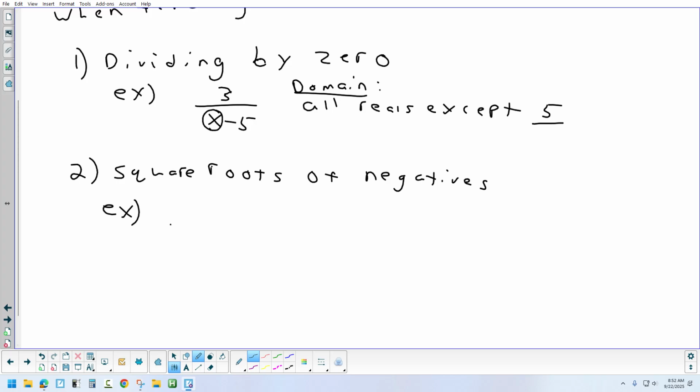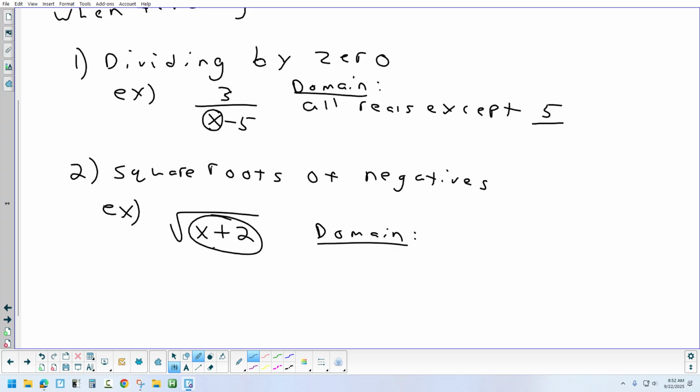Here's an example. Square root of x plus 2. You can plug in any number you want for x as long as this is not negative. That means this has to be 0 or higher.